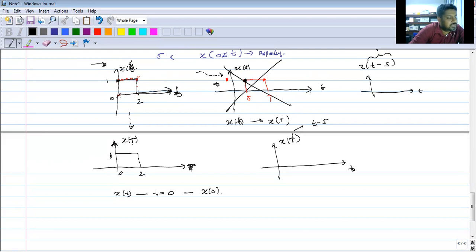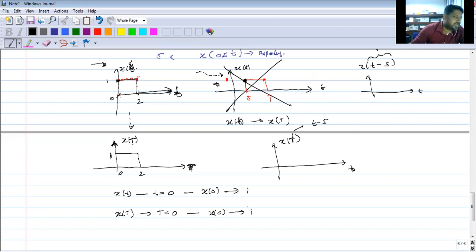Instead of this t, we can put 0 directly. x(0), the value is 1. So at x(0) the value is 1. If you consider x(T), and if this capital T is equal to 0, then again it is x(0), and it is also equal to 1.